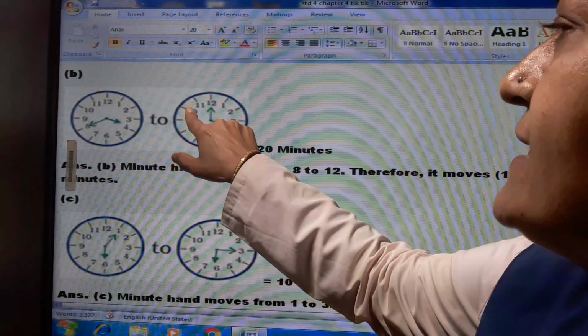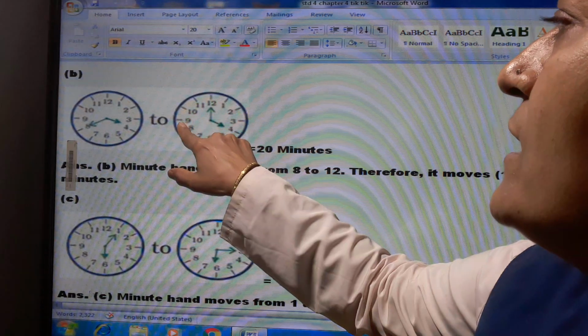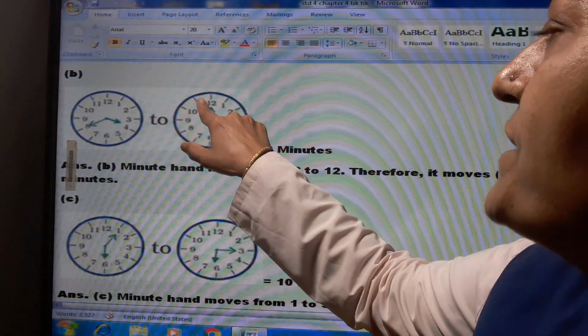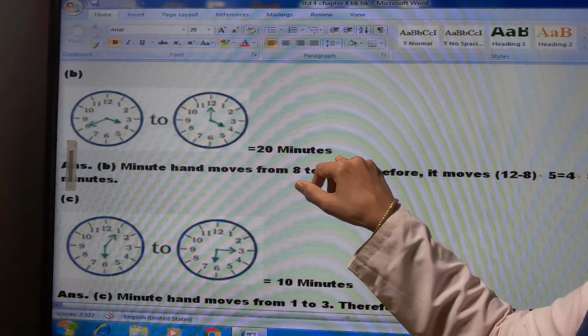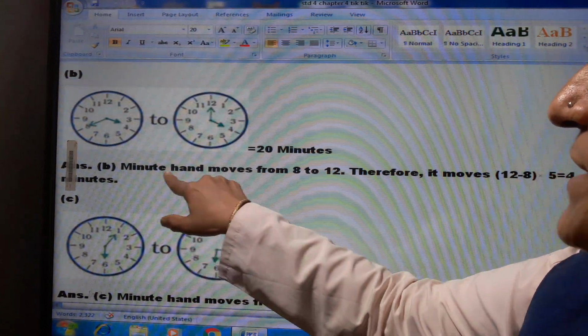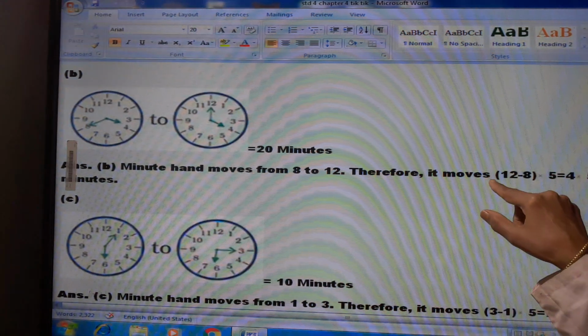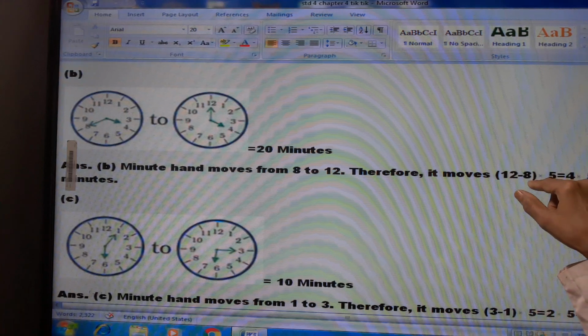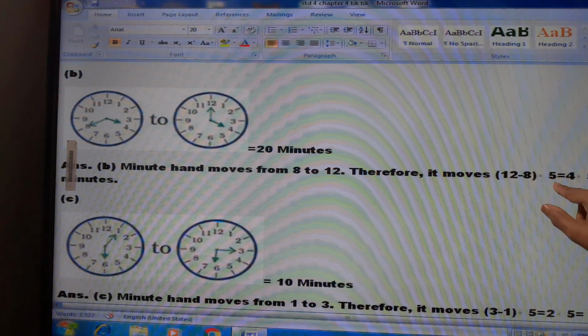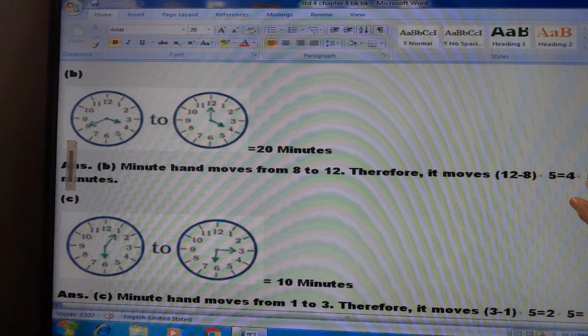So 9, 10, 11 and 12. 5, 10, 15 and 20. So we have to write here 20 minutes. The minute hand moves from 8 to 12. Therefore it moves 12 minus 8 multiplied by 5, which is 12 minus 8 means 4, 4 multiplied by 5. 4 5s are 20.